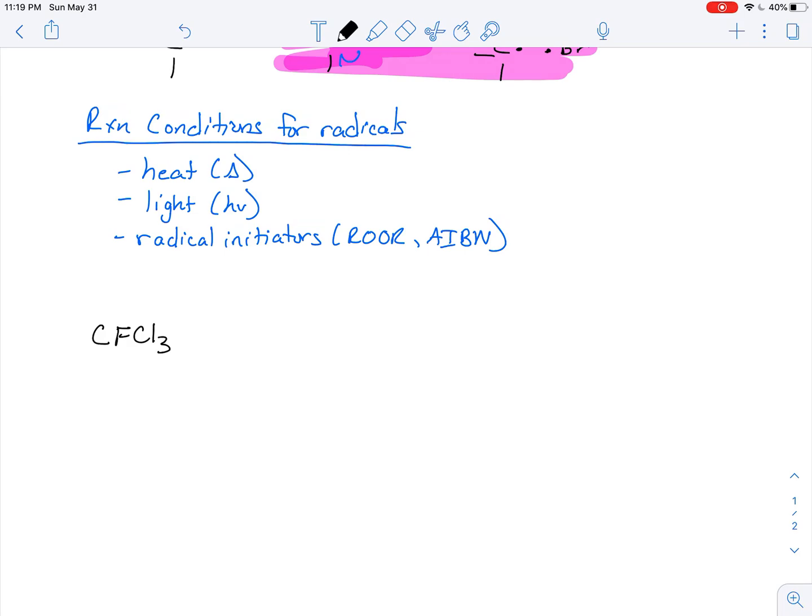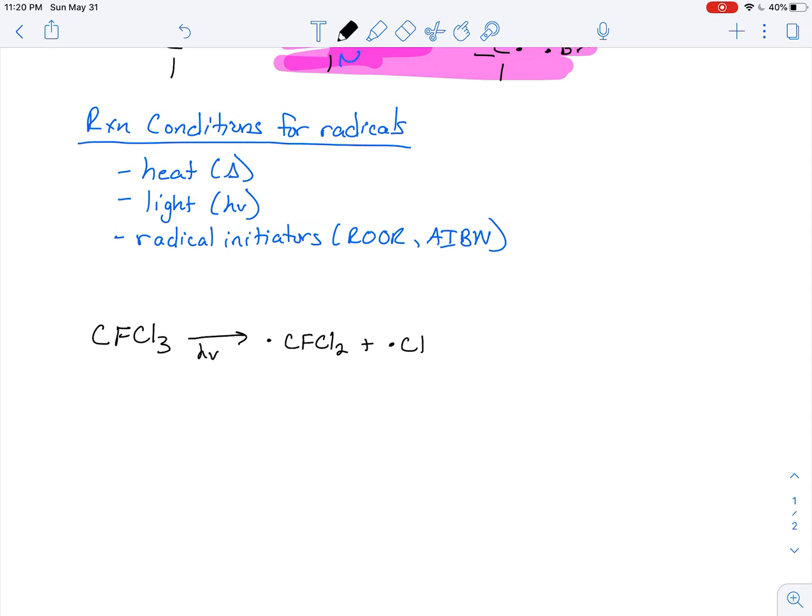Because when these get released into the atmosphere, they come into contact with UV light from the sun. And we end up generating more radicals because we end up breaking a carbon-chlorine bond, again, homolytically, to generate two radicals. You say, well, what's the big deal with that?